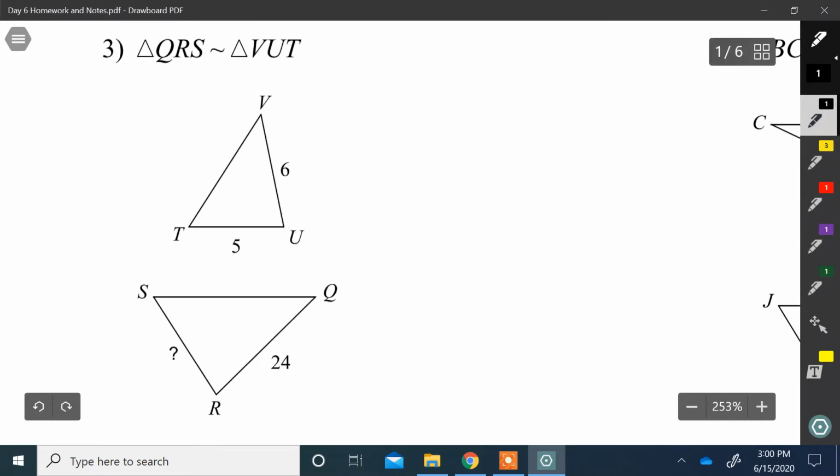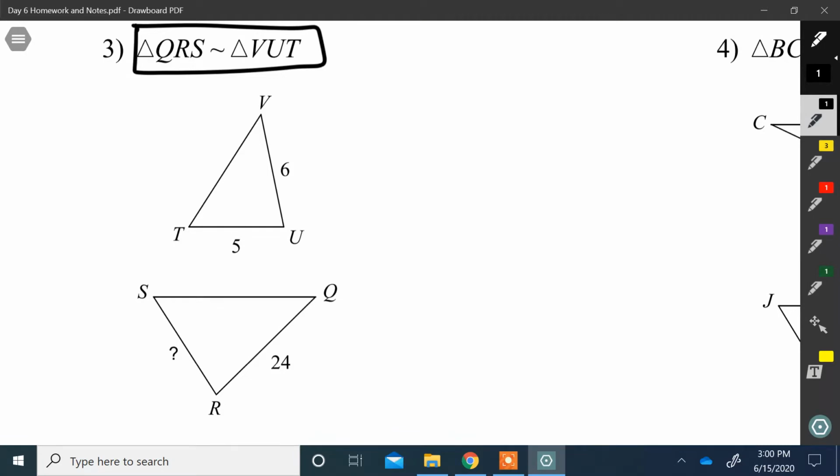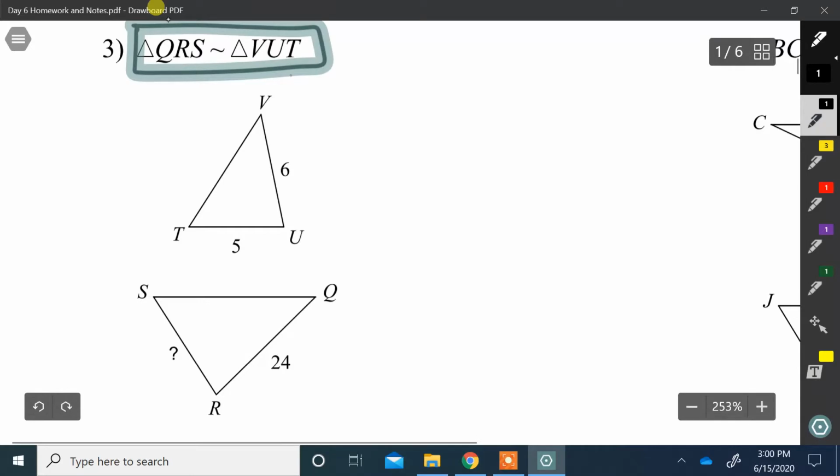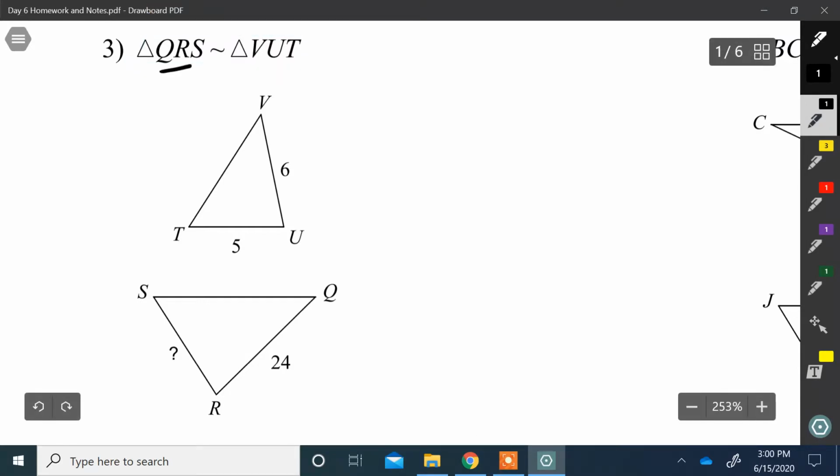Number 3. We know that those two are similar because they're telling us that they're similar. If they're similar, that means that they have the same scaling factor. So let's match them with each other. So KR is going to match with BU. Okay, so KR is going to match, and I'm going to put a line like that with this one right here, with BU.